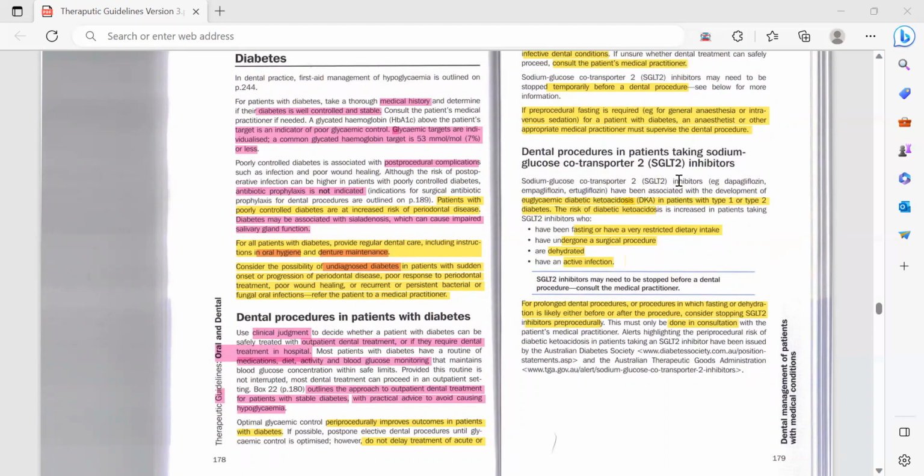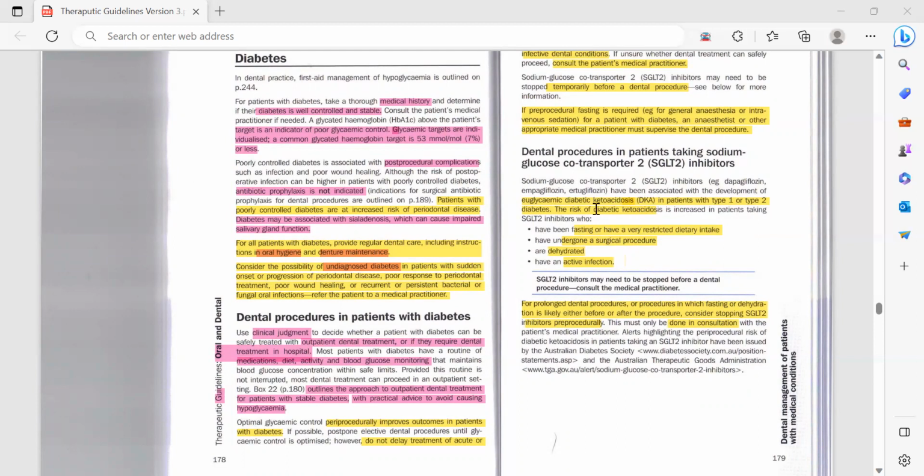So there is a high chance of these patients developing diabetic ketoacidosis. In patients with type 1 or type 2 diabetes, the risk of diabetic ketoacidosis is increased in patients taking SGLT2 inhibitors who have been fasting or have very restricted dietary intake.